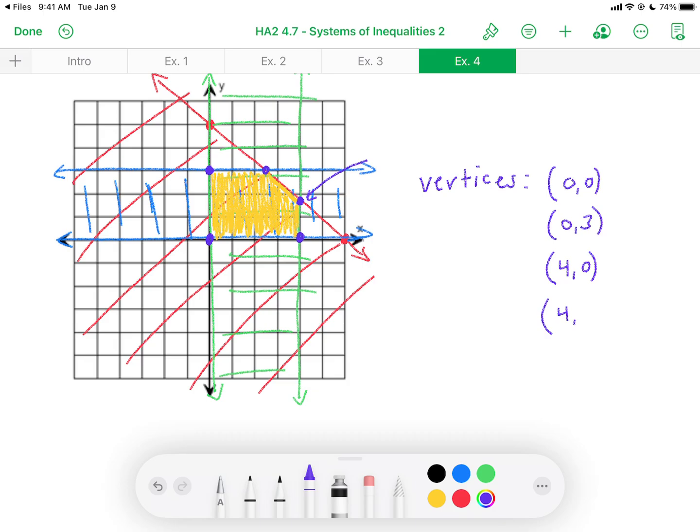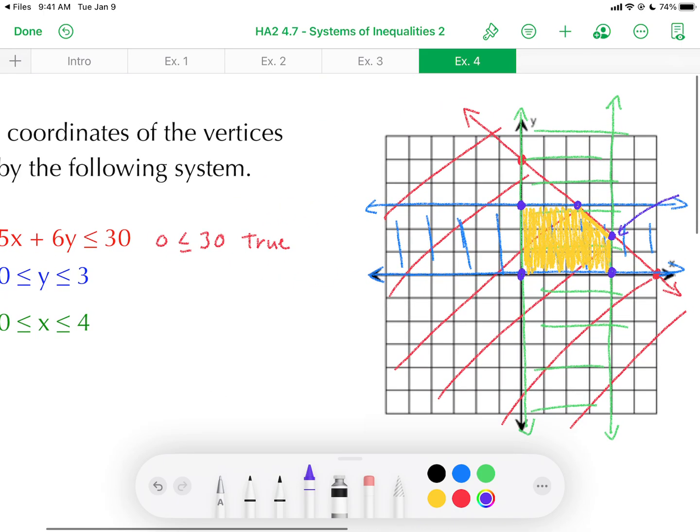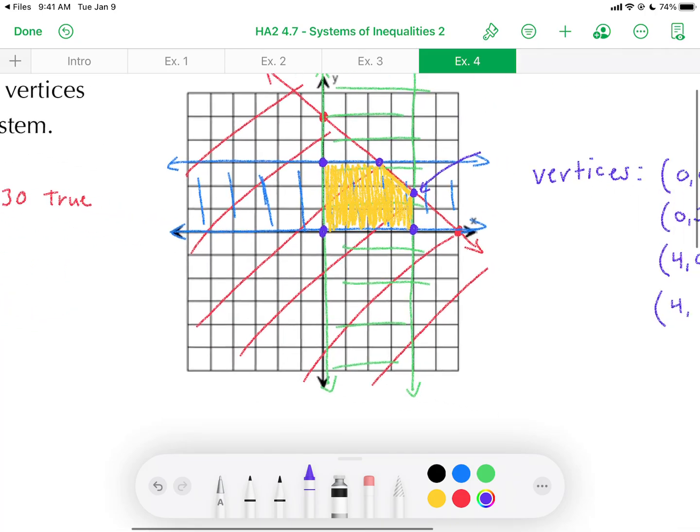We could put 4 for x into the first equation. We know the x coordinate is 4, and that point is the intersection between the line x equals 4 and the line 5x plus 6y equals 30, right? So it's like we're solving the system of equations that's creating that intersection point, right?